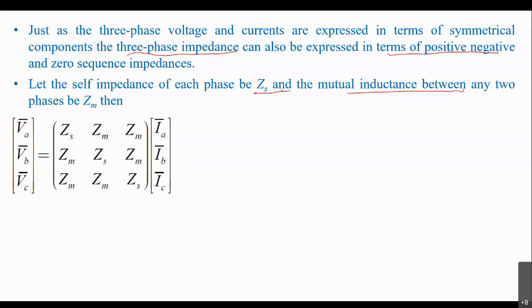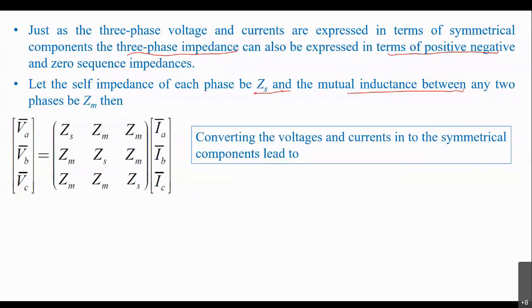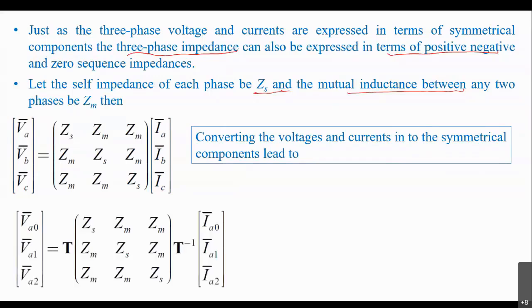So VA, I can write as Zs IA plus Zm IB plus Zm IC, and similarly VB and VC. Converting these voltages and currents into symmetrical components leads to this equation. So VA, VB, VC, I can write as T of VA0, VA1, VA2.